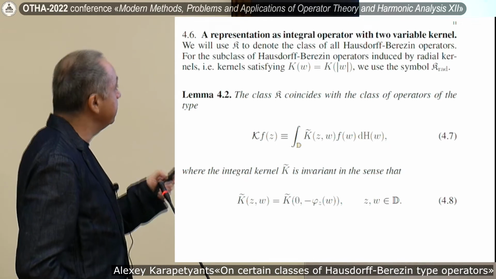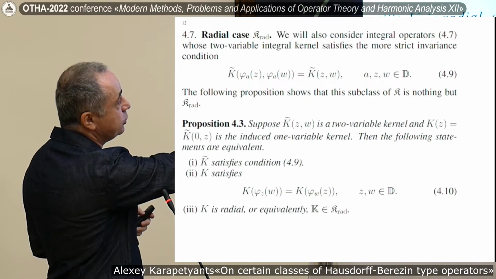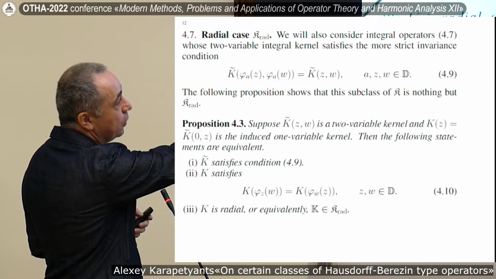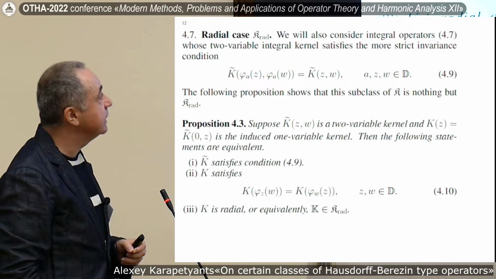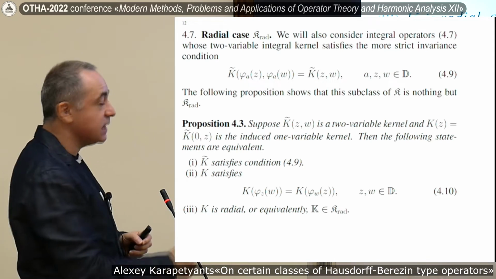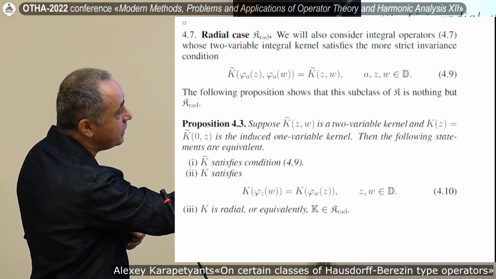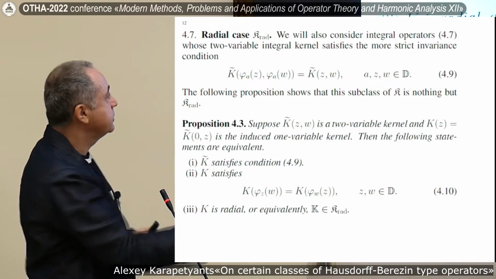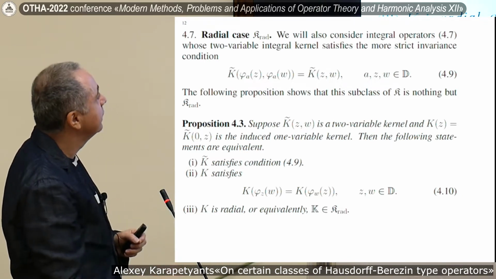Okay? If you go further and ask for stronger conditions, symmetry with respect to all Möbius transforms, where A is arbitrary, A runs over the unit disk, then exactly in this case, you have a Hausdorff-Berezin operator with radial kernel. So you can read the proposition here, this condition, if and only if, right?